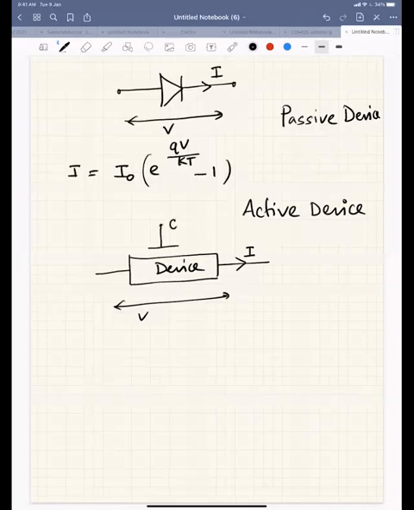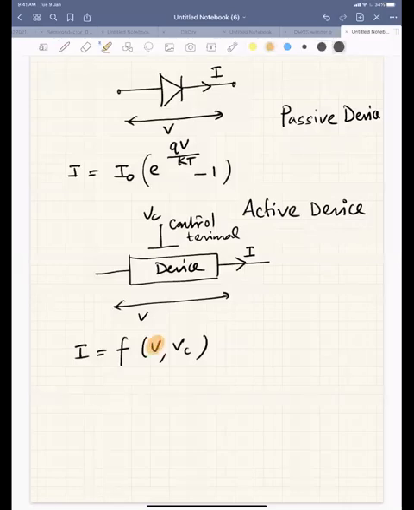So my current is not only a function of voltage but also a function of the control voltage. Even if the voltage applied across the device is constant, the current can be changed by changing the control voltage.